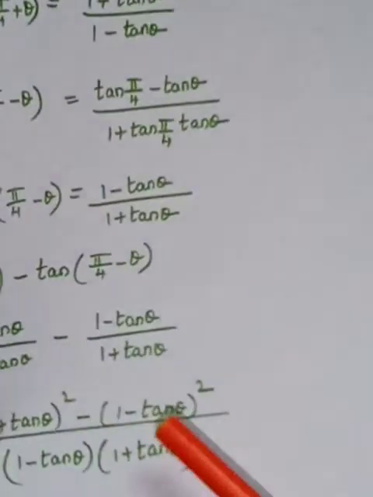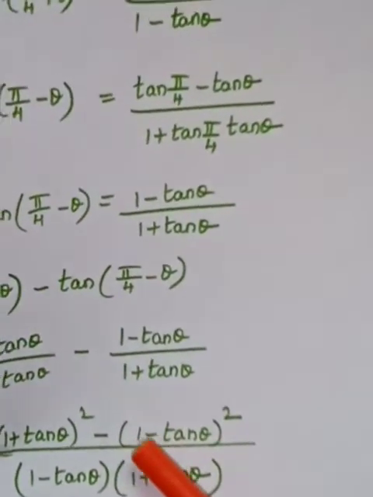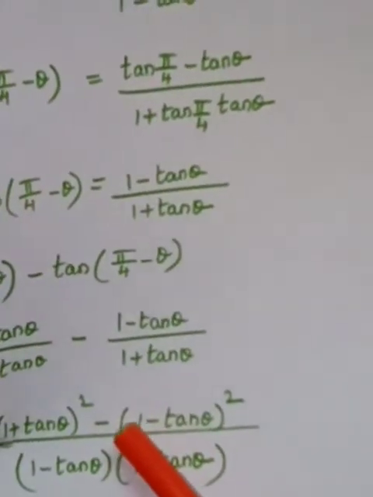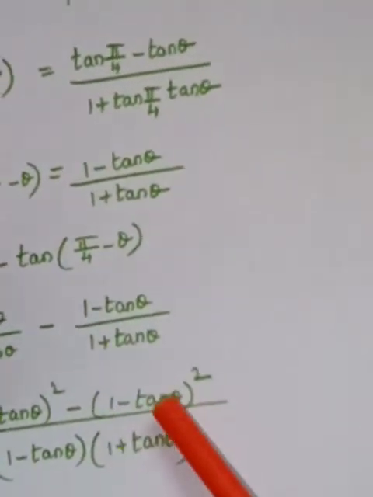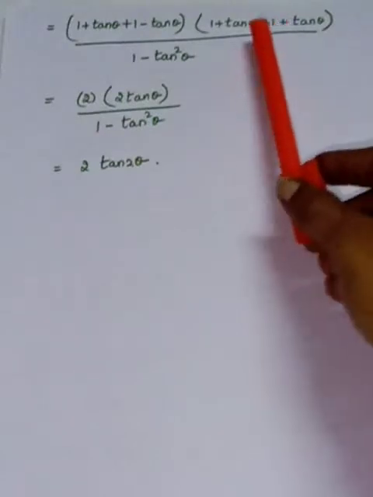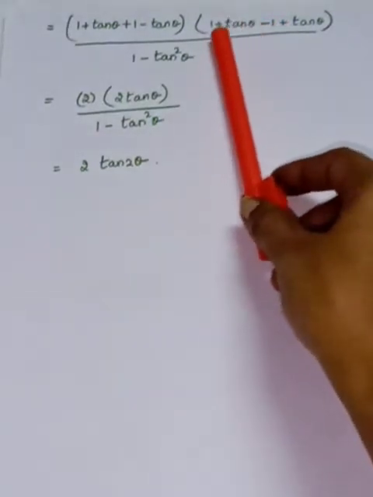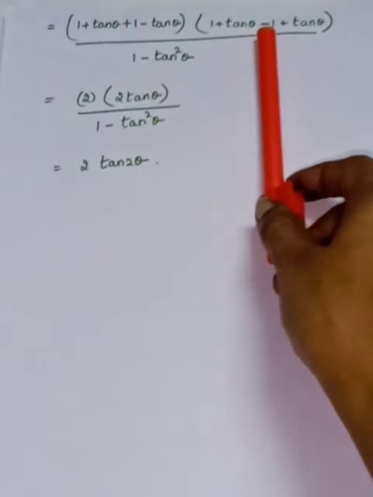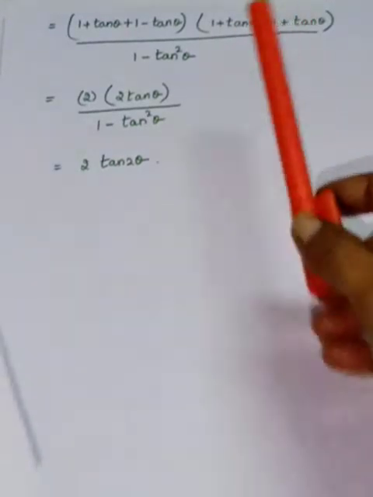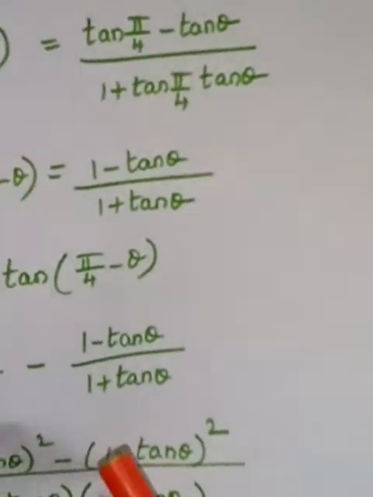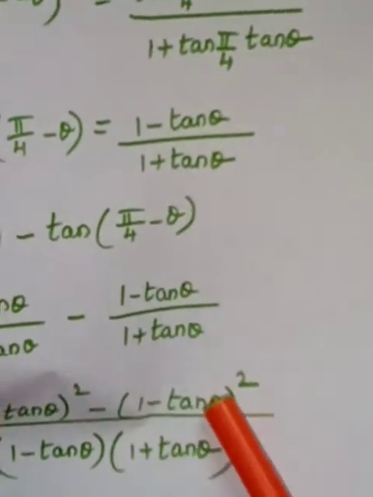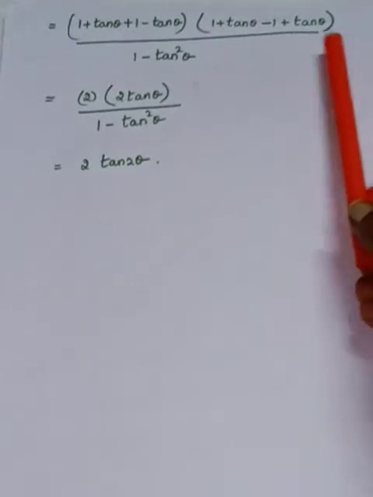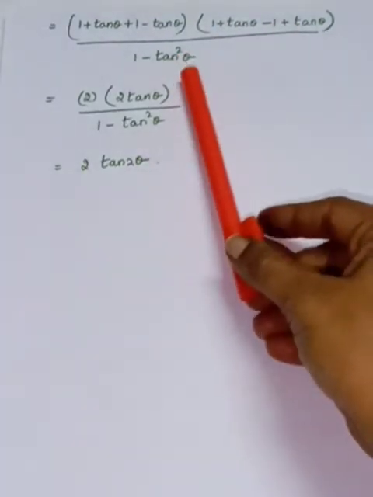What is your b? 1 minus tan theta. So if you apply the minus, it is minus 1 plus tan theta. For a minus b, the first term a is written as it is and the second term the minus has to apply. So when you apply the minus, it is minus 1 plus tan theta. So a plus b into a minus b divided by 1 minus tan square theta.